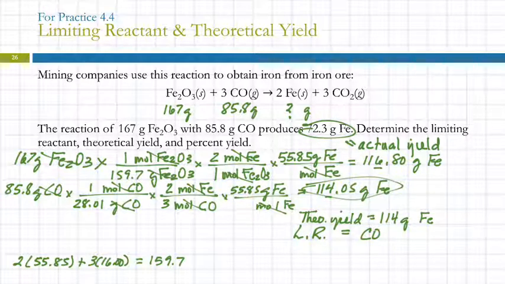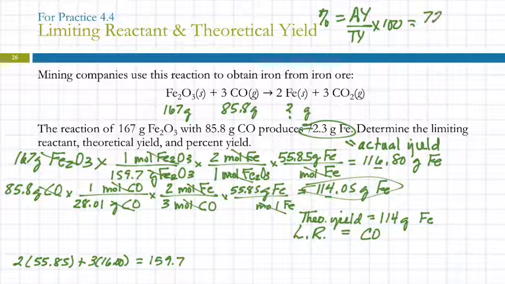And then we need to calculate the percent yield. So percent yield is the actual yield over the theoretical yield times 100. The actual yield was given to us, 72.3 grams. The theoretical yield is 114.05 grams times 100.